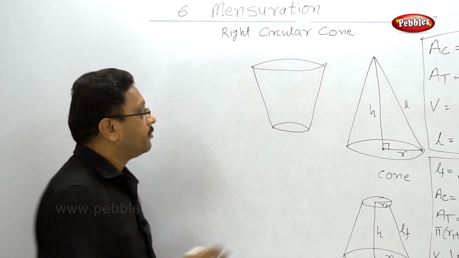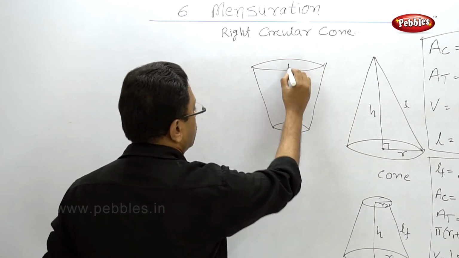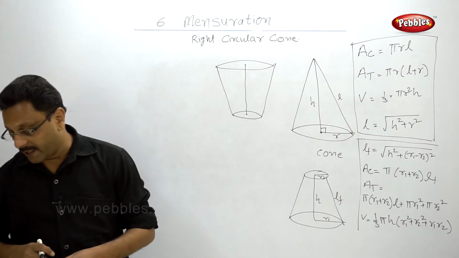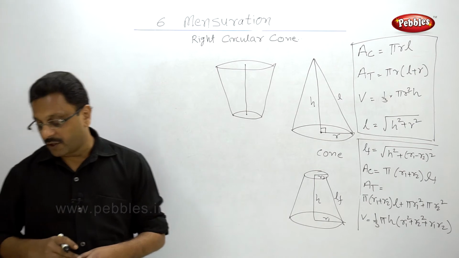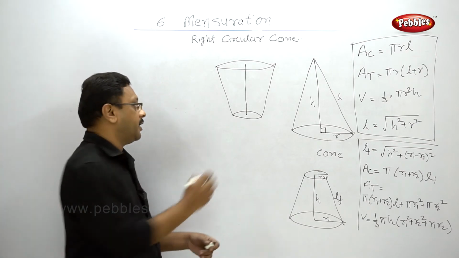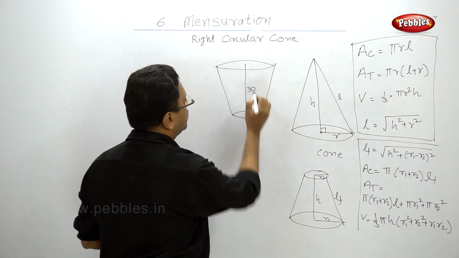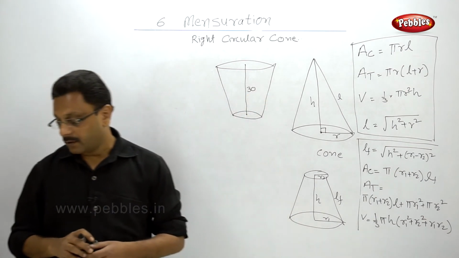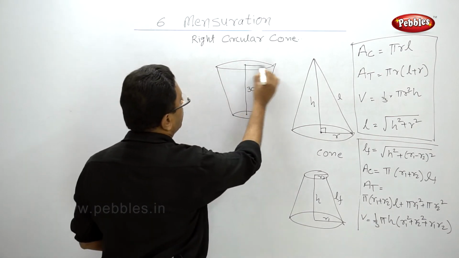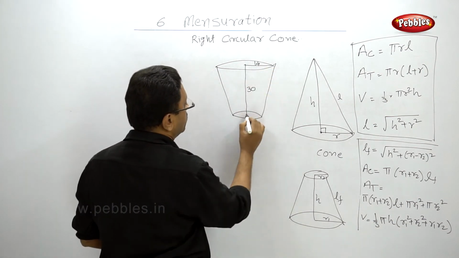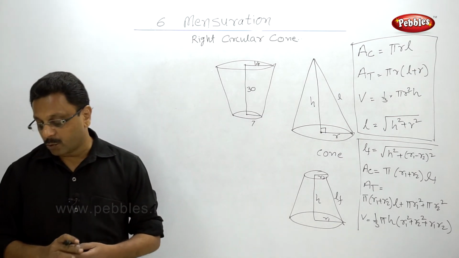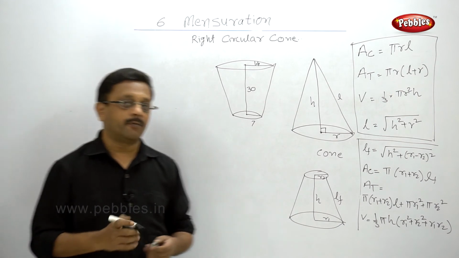This radius is 14 and this radius is 7. Find the total surface area and capacity of the bucket.